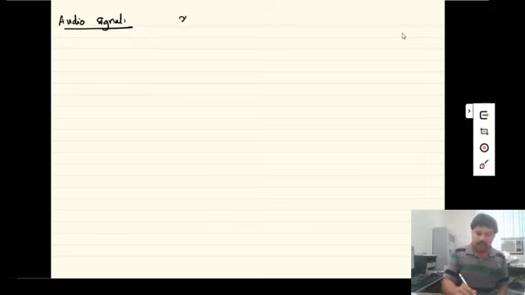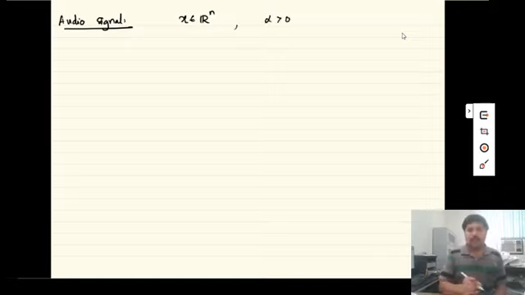If you have the audio signal X belonging to Rn, and you have some alpha greater than 0, then when you have alpha times X, that is the same as saying you are increasing the volume. The signal is the same, but you are increasing or decreasing the volume based on what alpha is. So suppose alpha is equal to half, then you are decreasing the volume. If you increase alpha to be equal to 2, then you are increasing the volume.